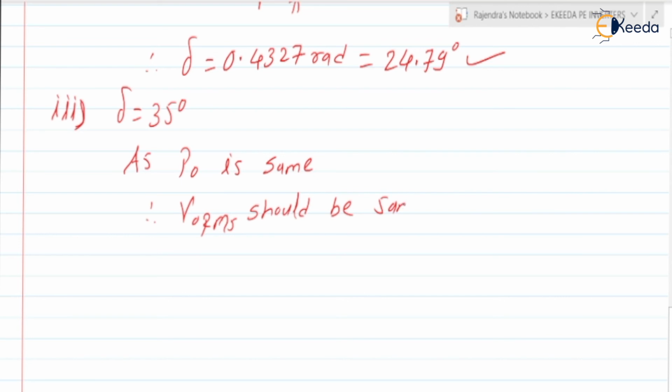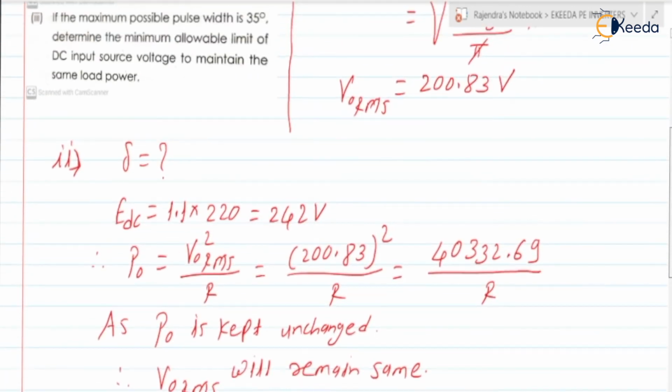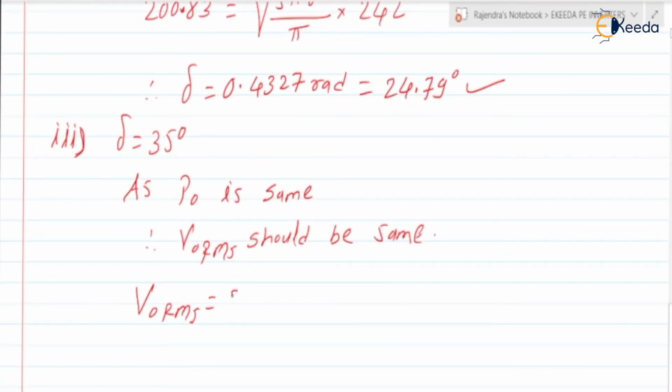So we know V0 RMS is 200.83. Further we can write V0 RMS is equal to under root P into delta by pi, into EDC.